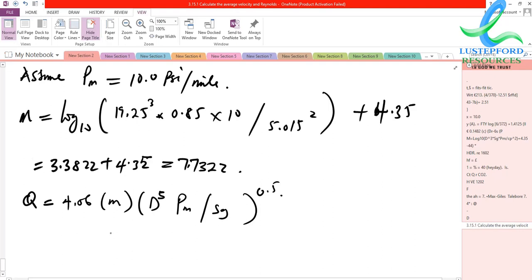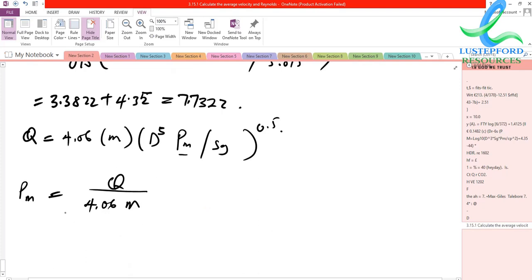Now to make this the subject of formula, we'll say PM will now be equal to Q all over 4.06 M, all raised to power 1 over 0.5, which is the same thing as 2, times specific gravity divided by D raised to the power 5.